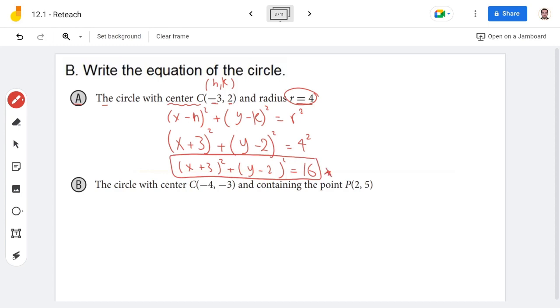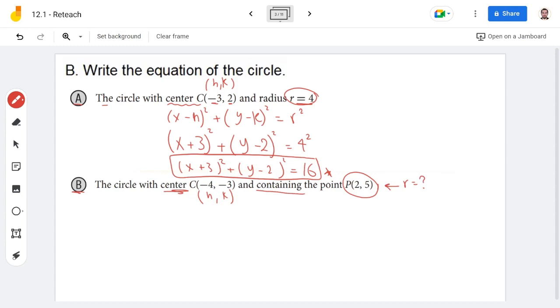Now, let's do the second example. The circle with the center given, so this is h and this one is k, and containing the point 2, 5. In this equation, I don't know r. I have to find r. But before I find r, let's substitute everything in the formula.